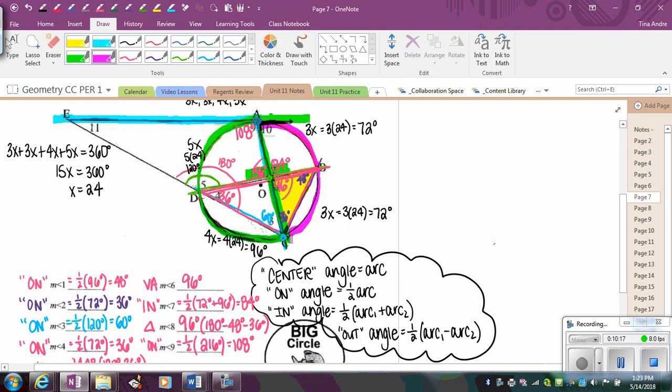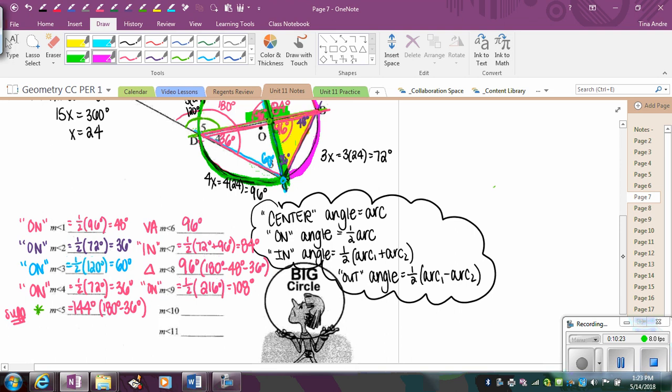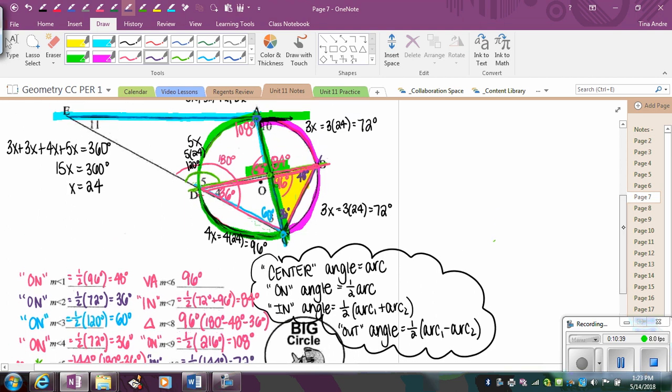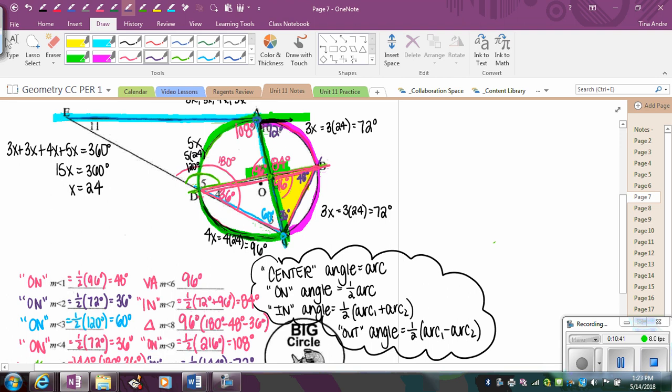So it's cutting into that 72 plus 72 arc. So it's cutting into a 144-degree arc. If I consider this an on angle, it's really cutting into 144 degrees when I add those two arcs up. So when I divide that by 2, you get 72. So it's a 72. And if this is 72, well, 72 plus 108 is going to give you 180, which makes sense. And it should work out that way.